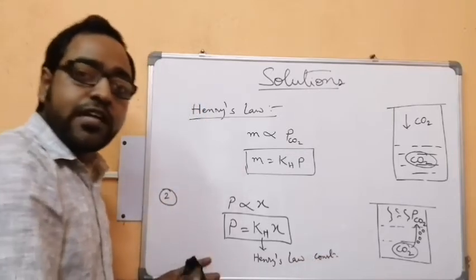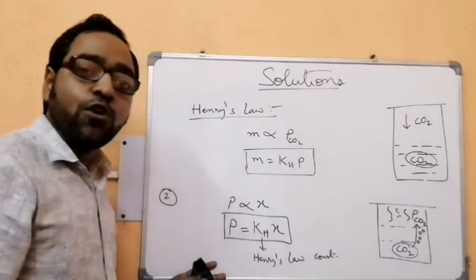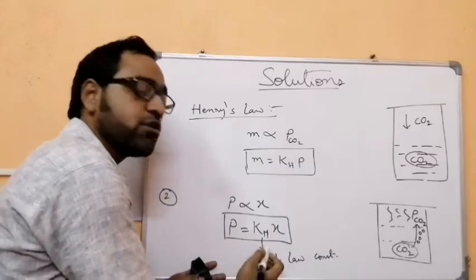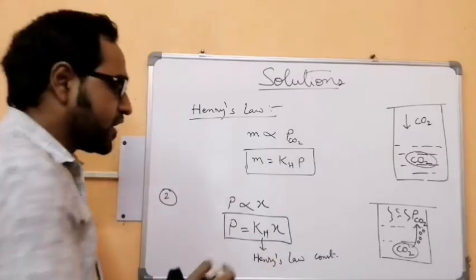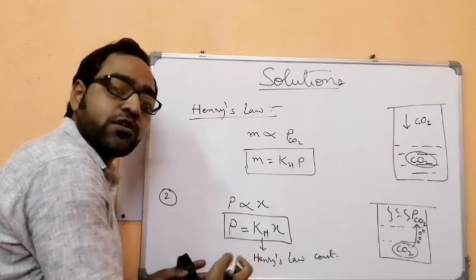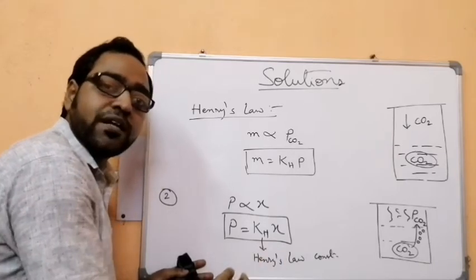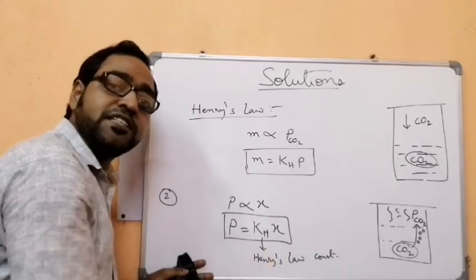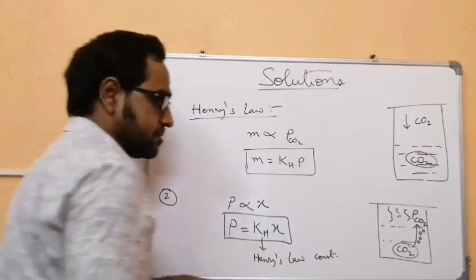Now I will tell you how we find out the Henry's law constant. P is equal to Kh into x. If you can see, it's a very simple equation, y equal to mx. Y equal to mx in mathematics means it will be a straight line passing through the origin.